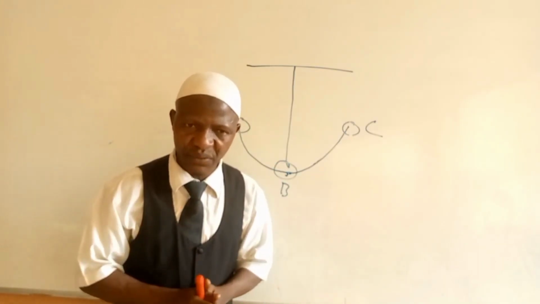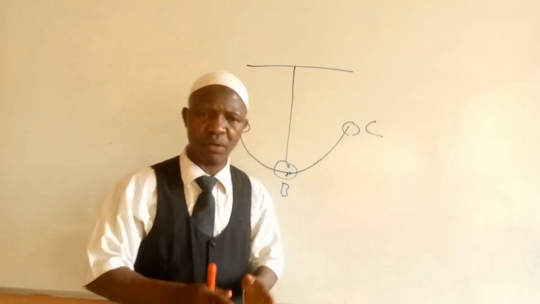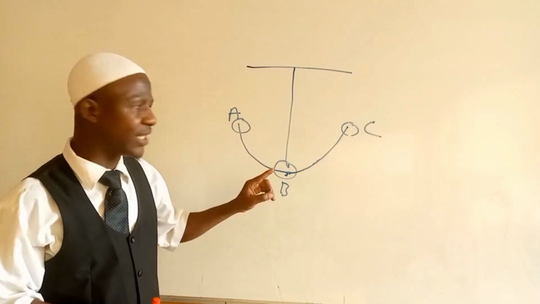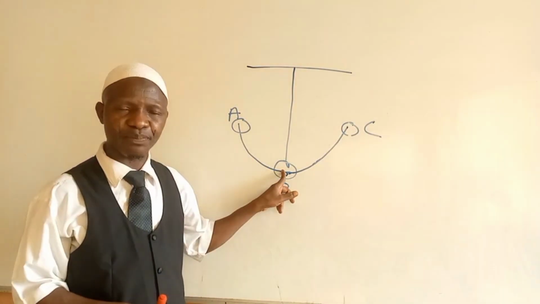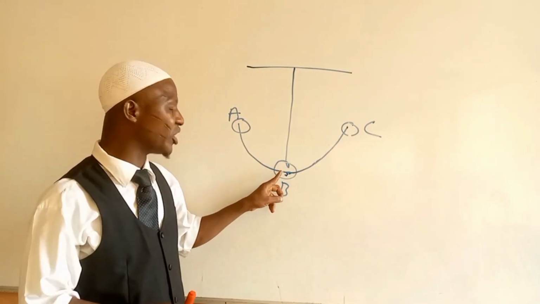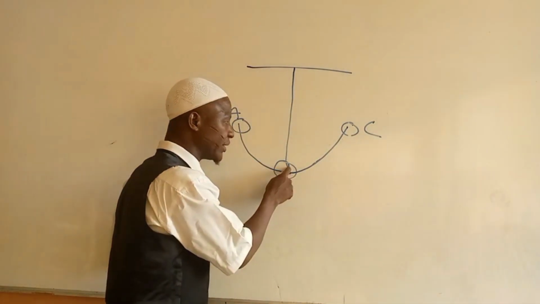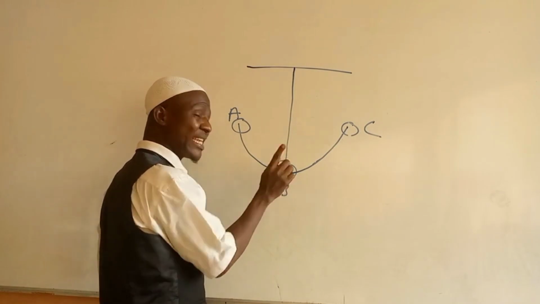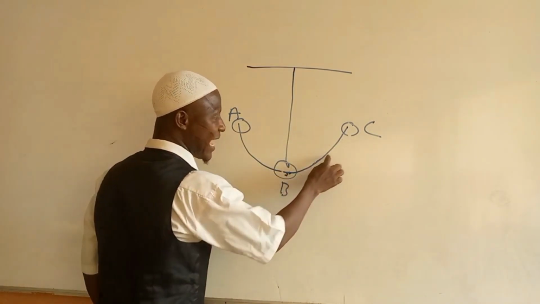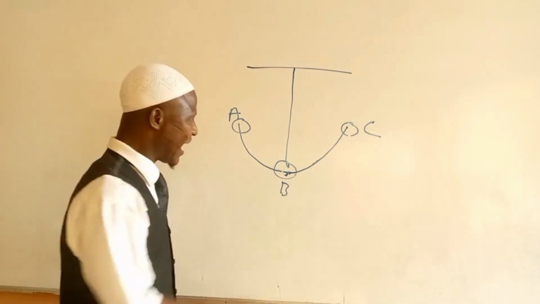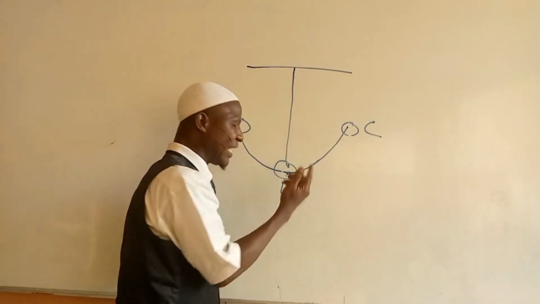Our major objective is that for an object to perform simple harmonic motion, its acceleration must be directed towards a fixed point, and it must be proportional to the displacement from this fixed point. Therefore, the higher the displacement, the higher the acceleration.